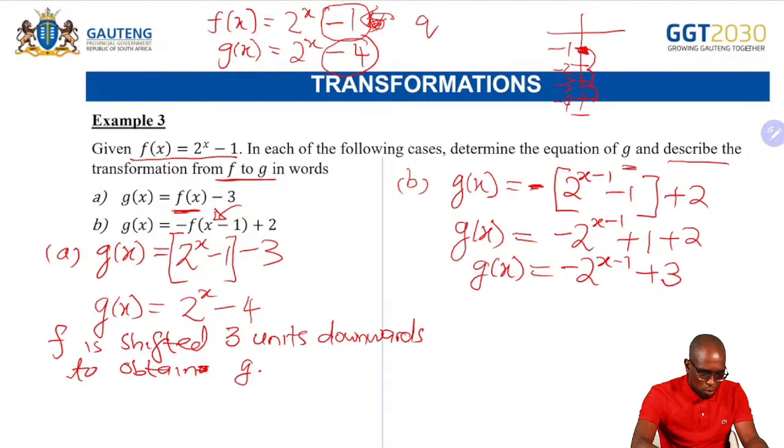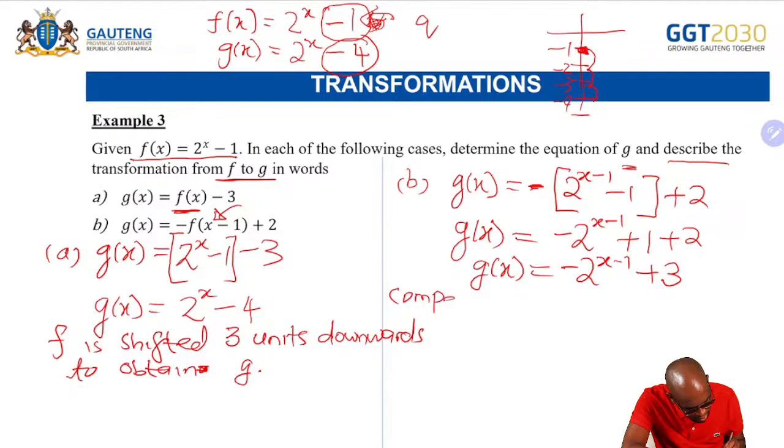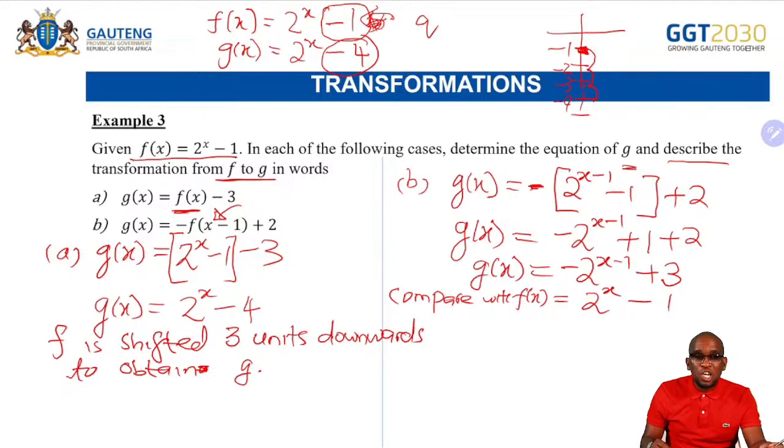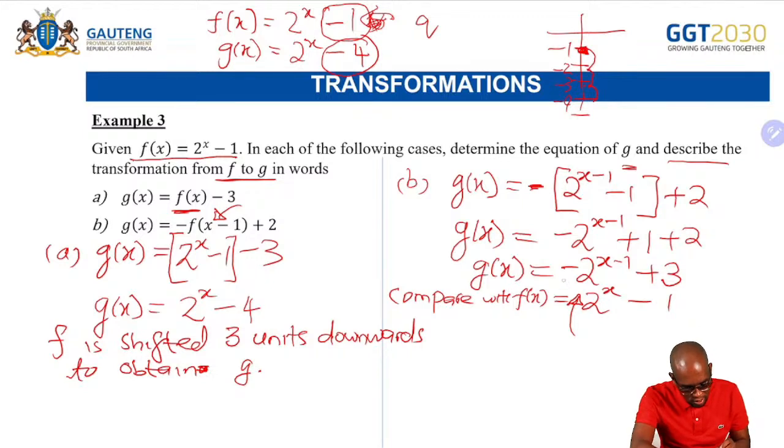Now, if you look at this, you compare with f of x equals 2 to the exponent of x minus 1. You see now there are many changes that occurred. There is a change here. Instead of a positive, there's now a negative. There's a change also.